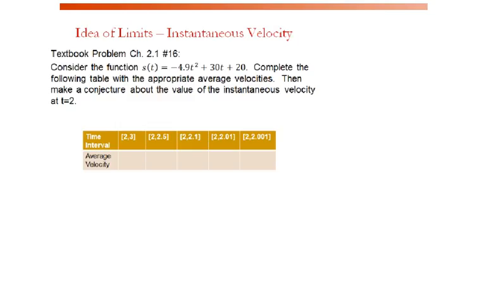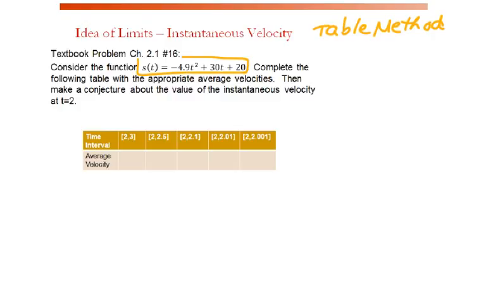I want to show you a technique for finding a limit, known as the table method. There'll be other techniques that I will teach you, but we always start with the table method because I think it's easier for students to understand what's happening. We're going to stay with the position function that we had earlier.